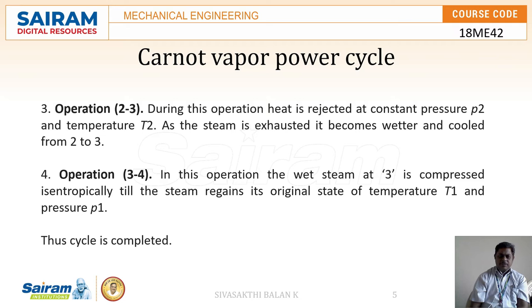In operation 3 to 4, the wet steam at state 3 is compressed isentropically until the steam regains its original state of temperature T1 and pressure P1. This is how the four processes happen, and once the fourth operation completes, the complete thermodynamic cycle is over.